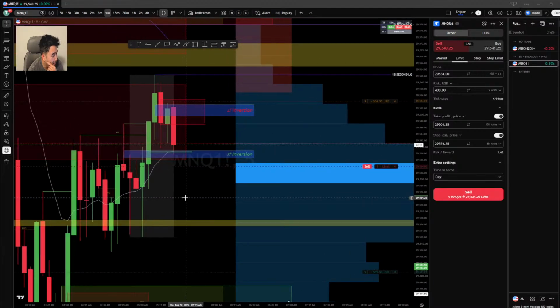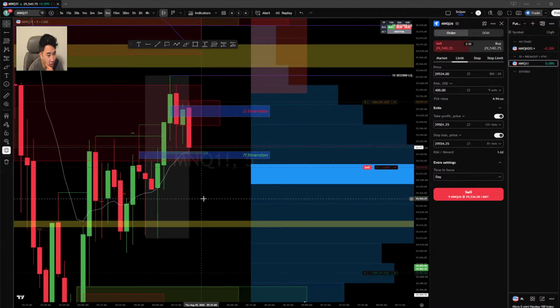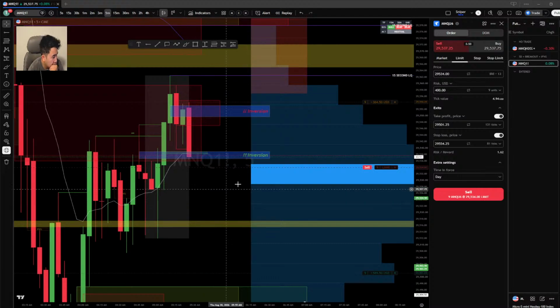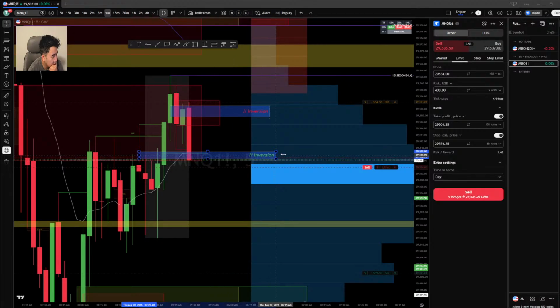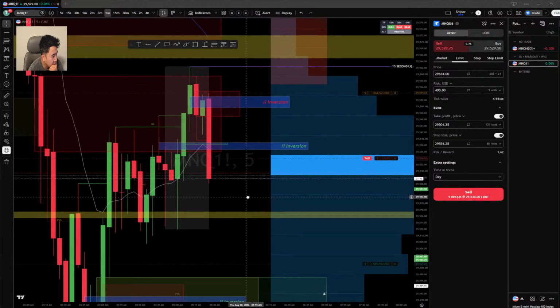There's that drop there, tags the bullish inversion. I wouldn't take the trade off the bullish inversion though, just because you have this big sell area right here.